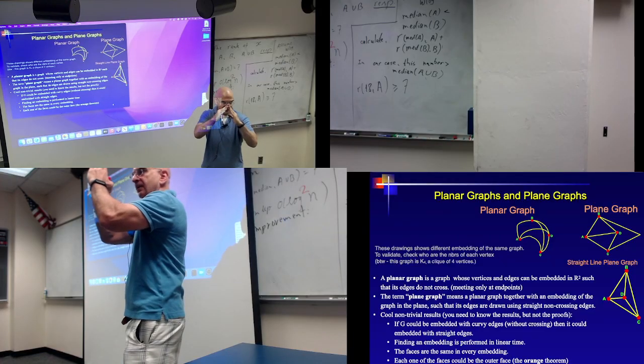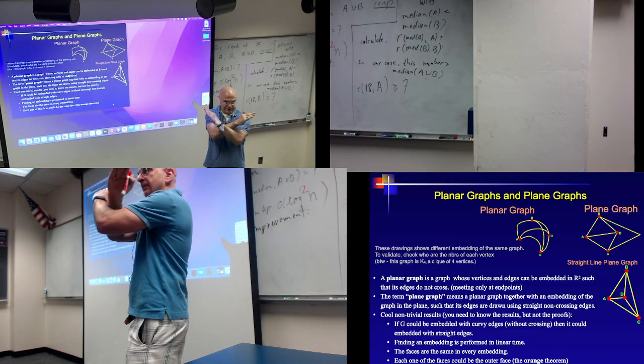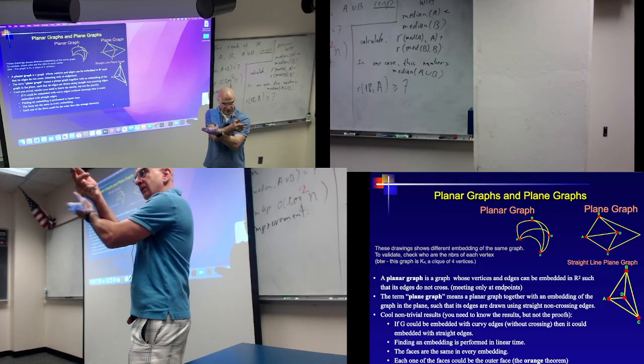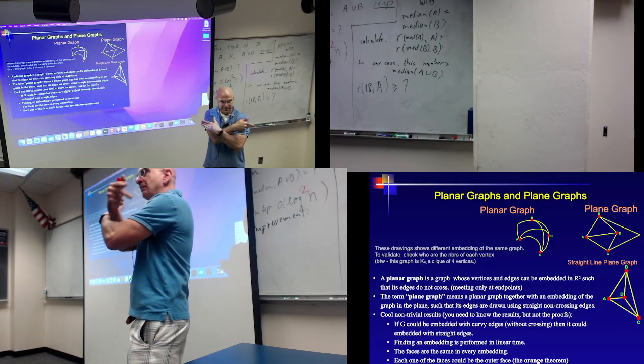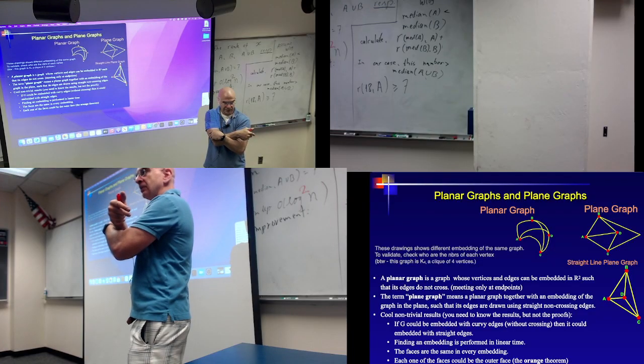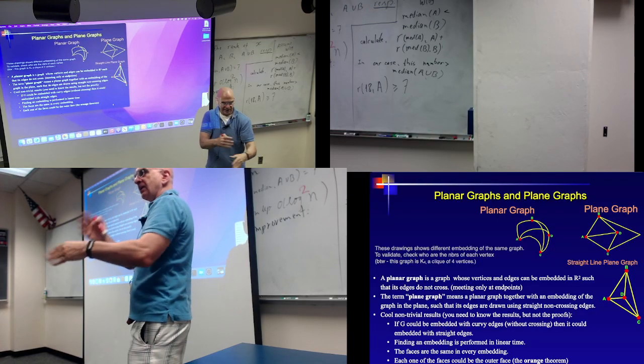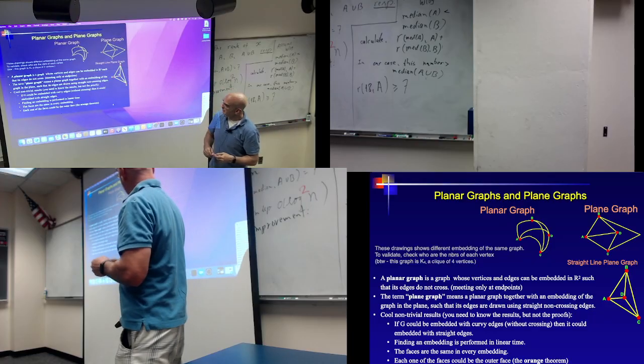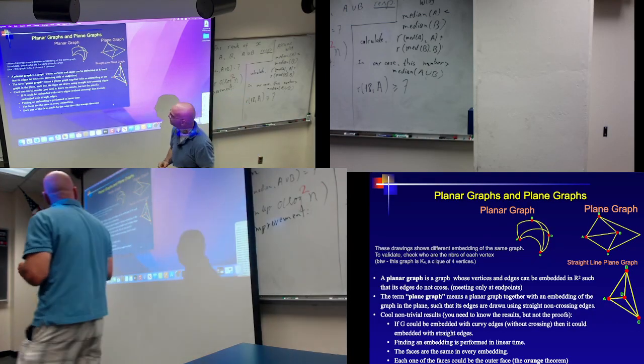Edges might meet at a vertex, but they are not allowed to cross each other. If you cannot embed the graph in any way without crossing, then it's not a planar graph. So plane graph, once again, is a shorthand for a graph plus its drawing.